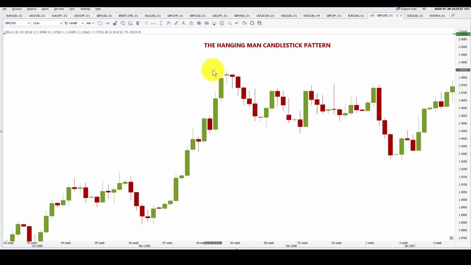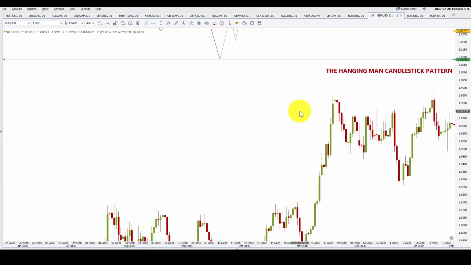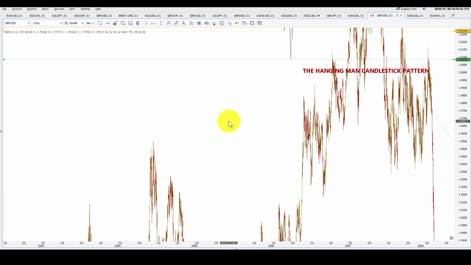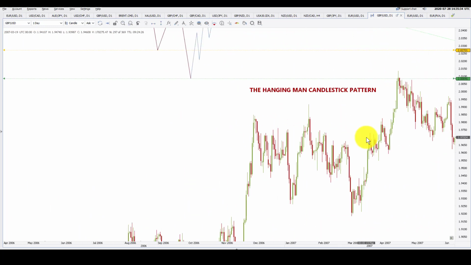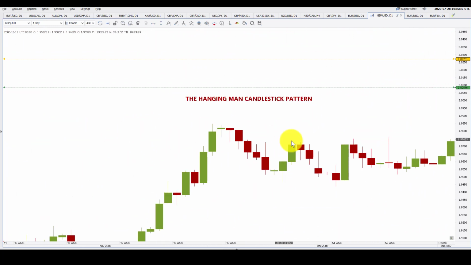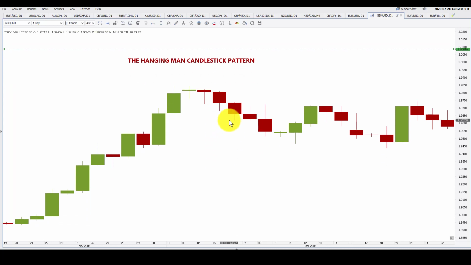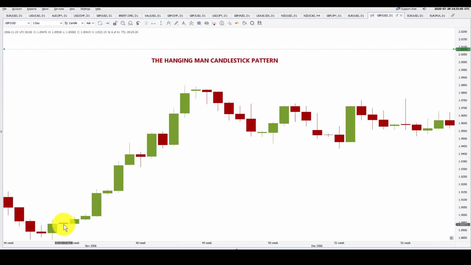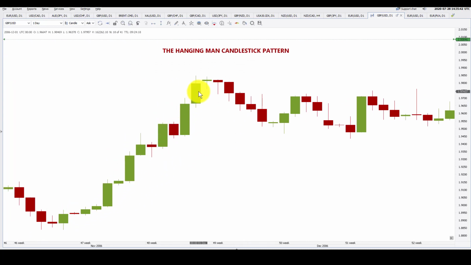Let us see if we are looking at the right place or not. First you see that after an advance in an uptrend, there was some selling pressure observed on this candle, but it closed as a doji because it also has a wick on the higher side.